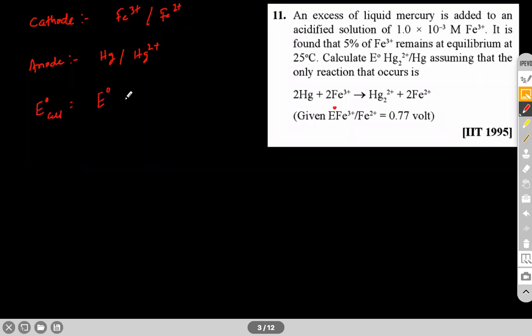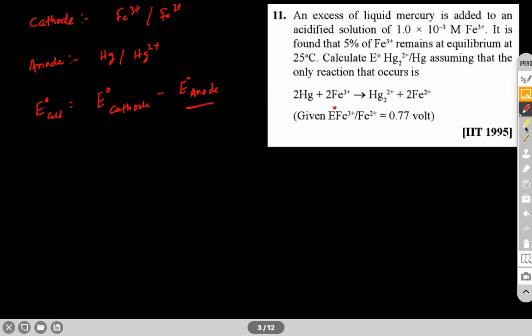E naught of cathode minus E naught of anode. Right? Here both are reduction potentials, and that is what we need to find out, the reduction potential. Means this E naught is the answer we have.